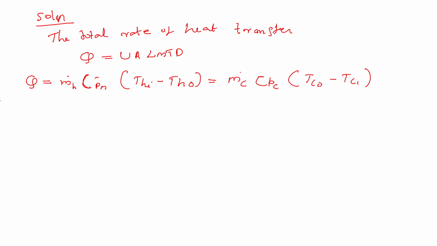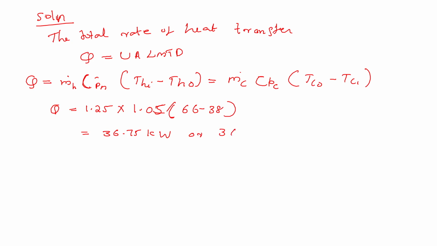So Q is 1.25 times 1.05 times 66 minus 38, which is 36.75 kilowatt, or 36.75 times 10 to the power 3 watts.